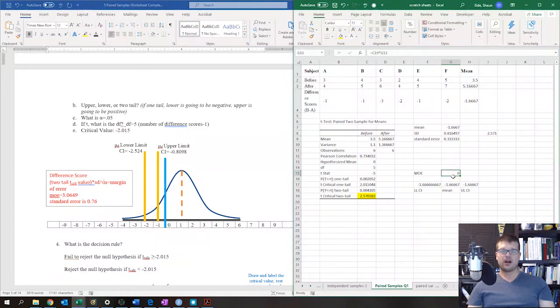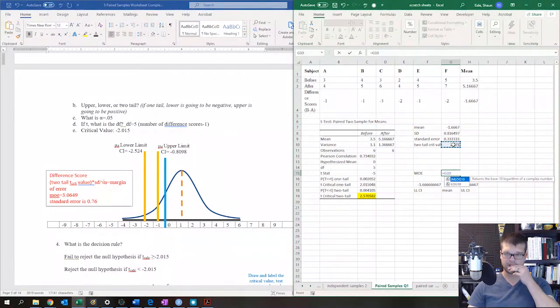Now we can calculate our margin of error. How do we calculate our margin of error? You take the two-tail crit value and multiply it by the standard error.